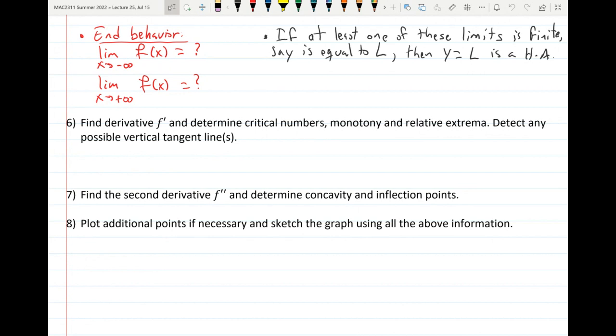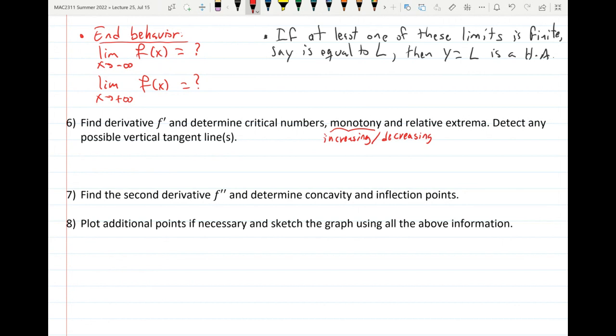In the first derivative, you figure out the monotony of the function, meaning when it's increasing or decreasing, and the relative extrema, to see where we have any relative maximum or relative minimum.